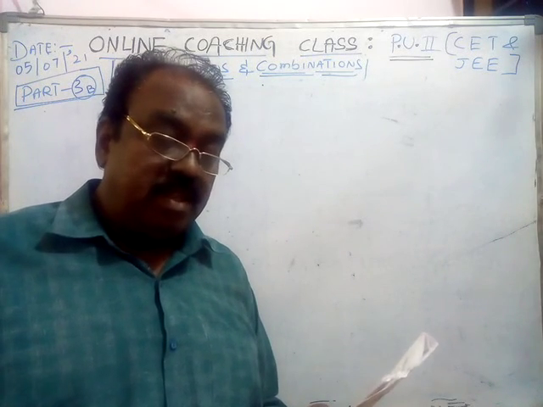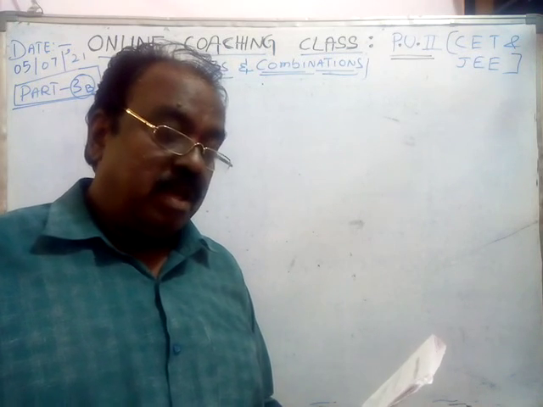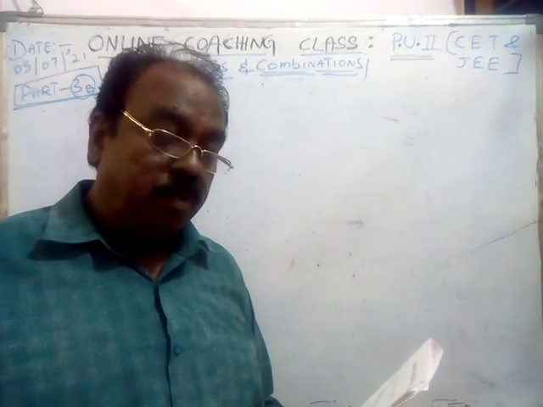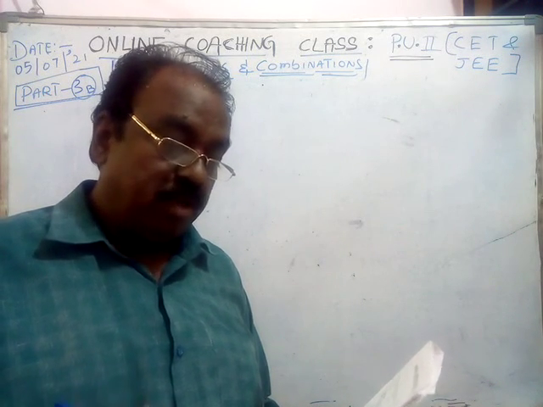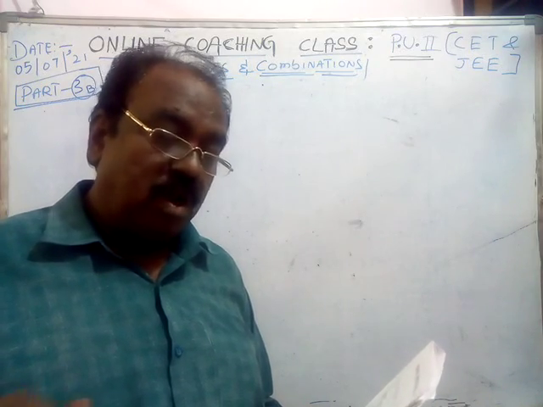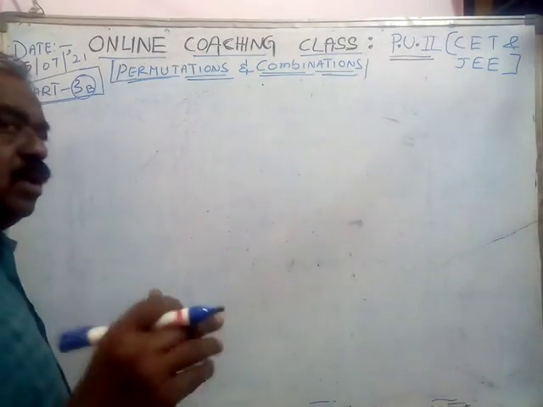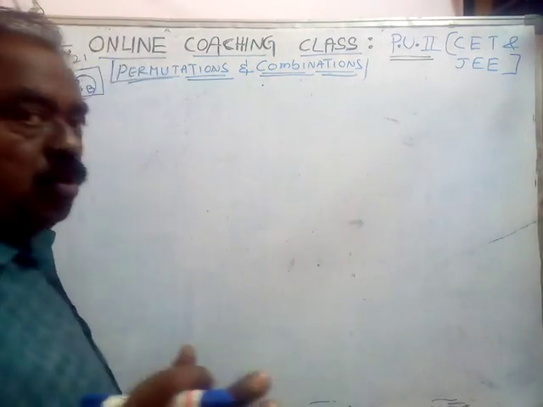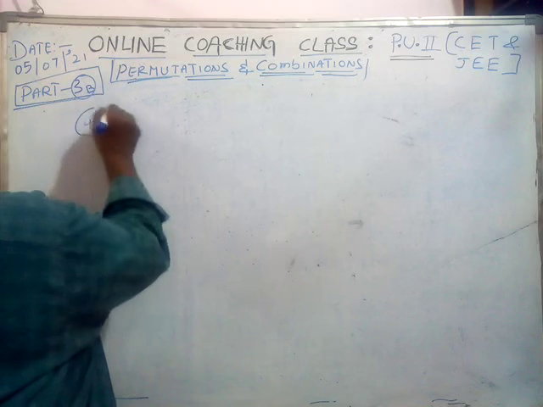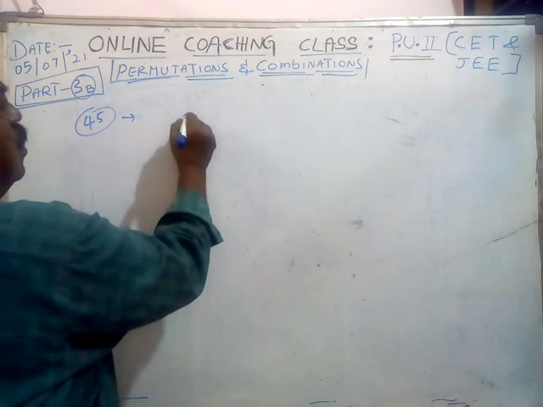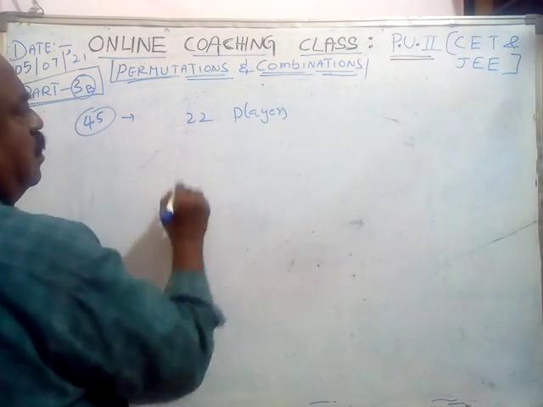The number of ways in which a team of 11 players can be selected from 22 players, always including 2 of them and excluding 4 of them, is a fantastic concept. 22 players are there, cricket players.